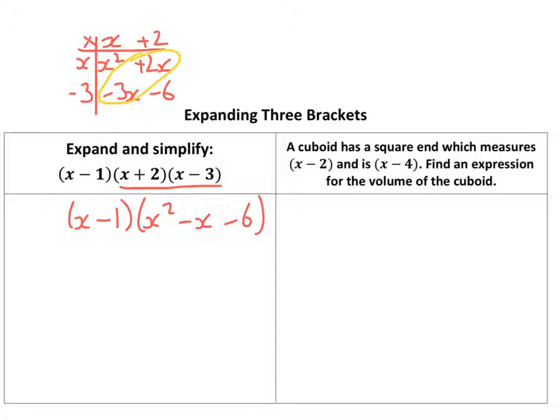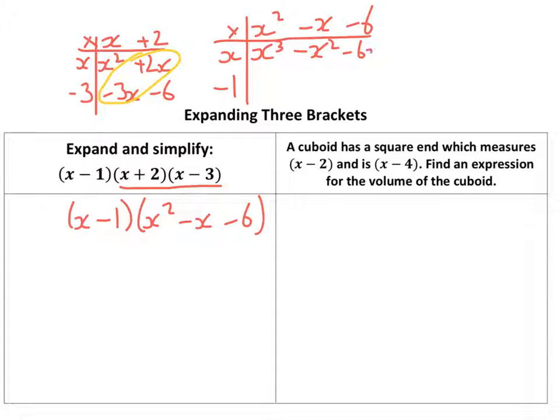And so then again you could use another table if you really wanted. So I've got x minus 1 there, x squared minus x minus 6, and I've got x cubed minus x squared minus 6x, and I've got minus x squared plus x, because I've got a minus 1 times minus x, plus 6.